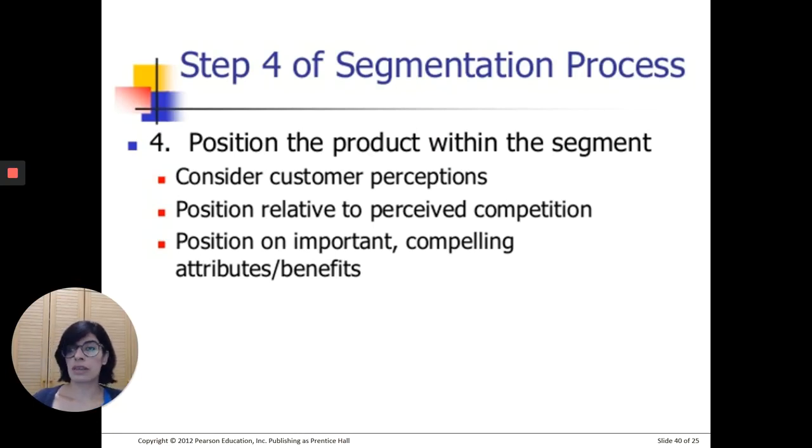So if you're producing the next iPhone, what other smartphones are in the market that your customers can see that they could potentially buy? Or how does your product compare? So your positioning is important because you have to actually create the benefits and attributes to be compelling enough to appeal to those customers.